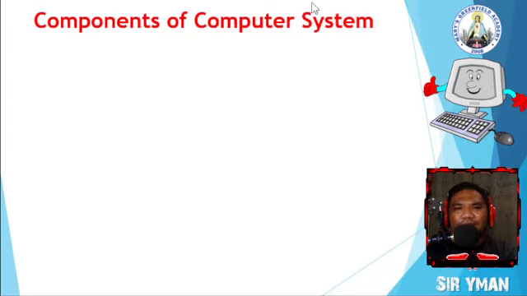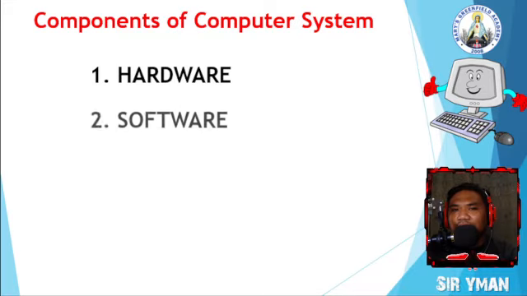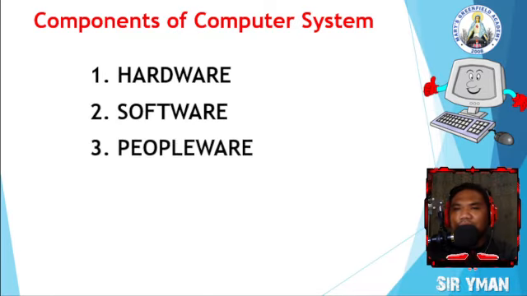What are those? Hardware. Yes, Isa? Hardware, software, and peopleware. Okay, so there are three components of a computer system: hardware, software, and peopleware.